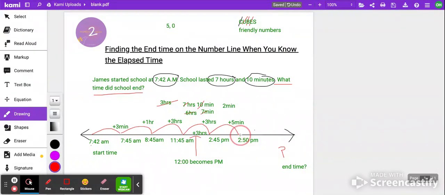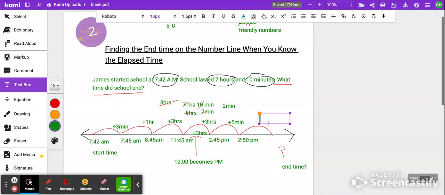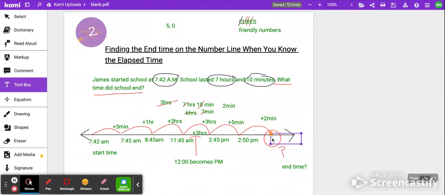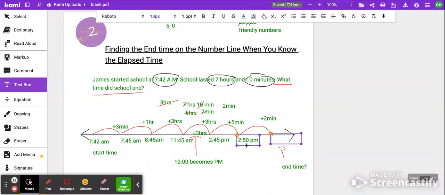So I'm going to add plus 2 minutes. And then my new time, if I'm at 2:50 and I add 2 minutes, that's going to be 2:52 p.m. because again, I'm adding 2 minutes onto 2:50.